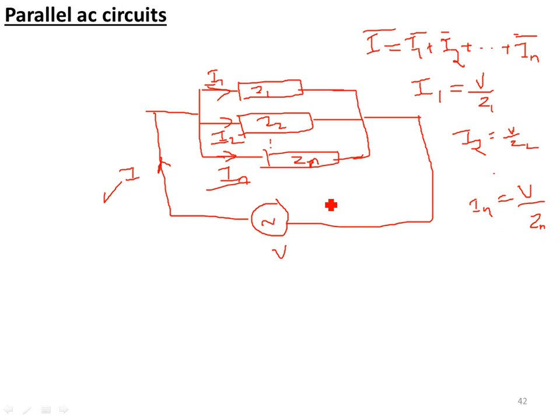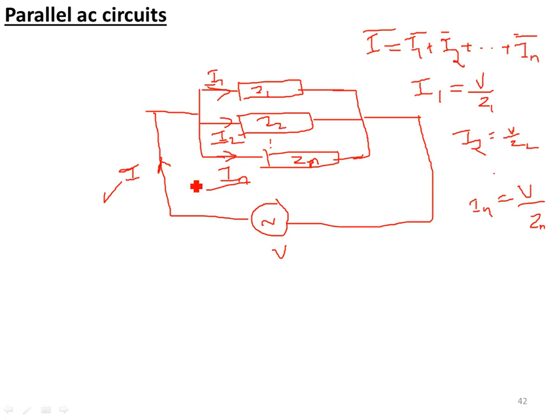So in a parallel circuit, what is the basic key idea? Here we are having n impedances Z1, Z2, etc. Zn. All impedances are connected in parallel. The current coming from the source, that is the voltage source, will be divided into I1, I2, etc. In, and the supply current I is equal to the phasor sum of I1, I2, etc. In.